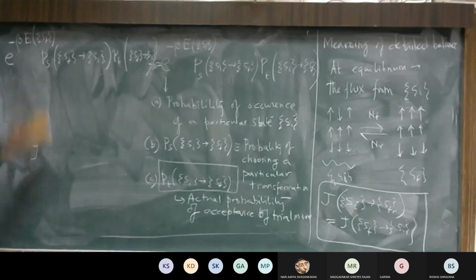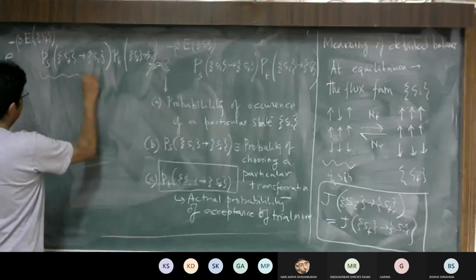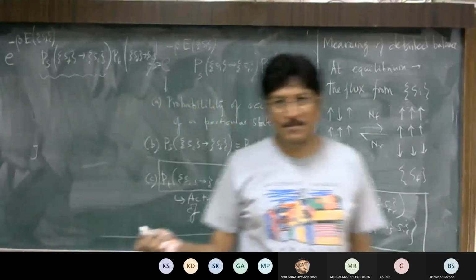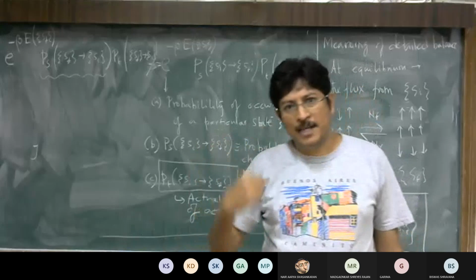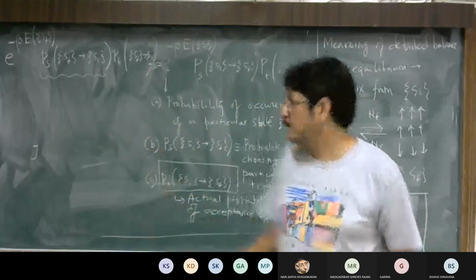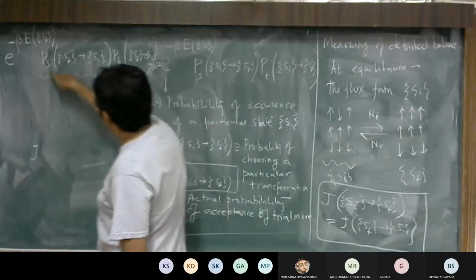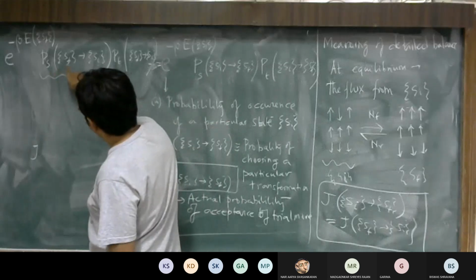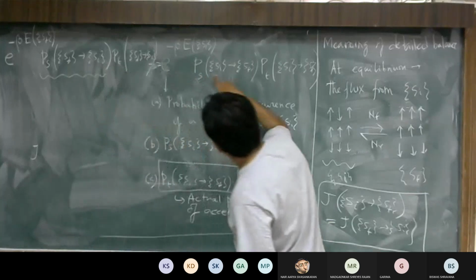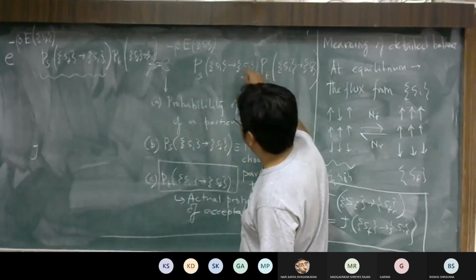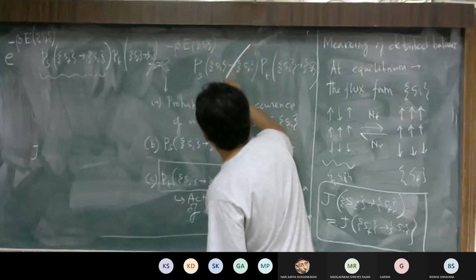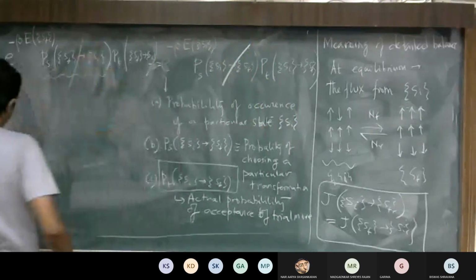Now, the probability that I will select a transition from SI to SF, the manner in which we are selecting the trial move, remember every time I'm selecting a site at random. So the probability that I select a transition from SF to SI would be exactly the same as selecting a particular site SI to SF. So this would be exactly similar.